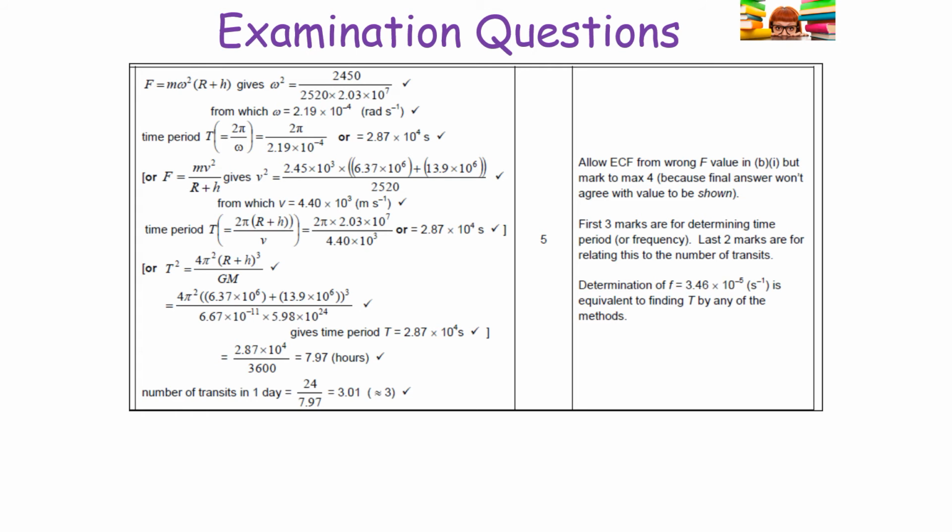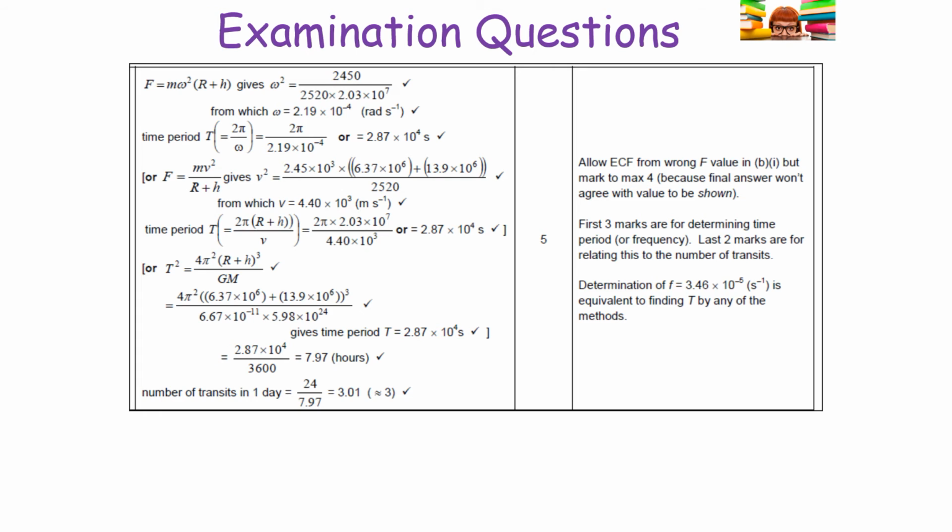The other way you can do that is by looking at the equation F is equal to mv squared over r, which then gives us v by working it through, so you get it to be 4.4 times 10 to the 3. Therefore you can say time period is going to be equal to 2 pi times the radius over the velocity, because we're saying that time is going to be equal to the distance it travels, the circumference of the orbit, divided by its velocity, which we just worked out.